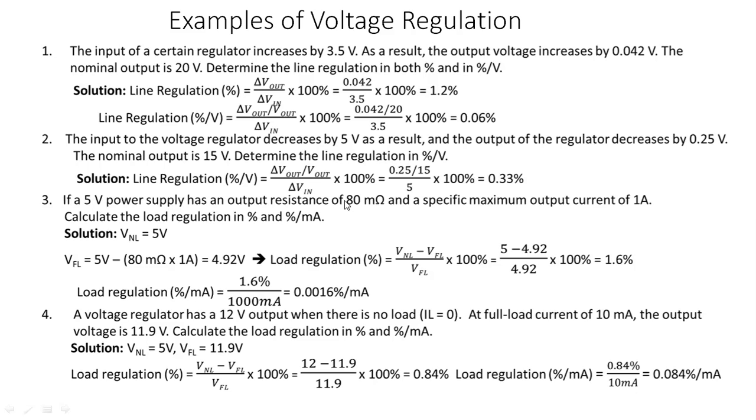So VFL equals 5 volt minus resistance into current, 80 milliohm into 1 ampere, which gives 80 millivolt. So 5 volt minus 80 millivolt gives 4.92 volt.